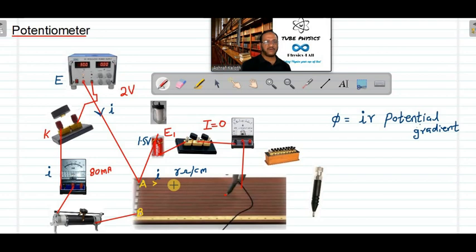So 0.5 will be dropped on 250 centimeters, and 1 volt will be dropped on 500 centimeters.